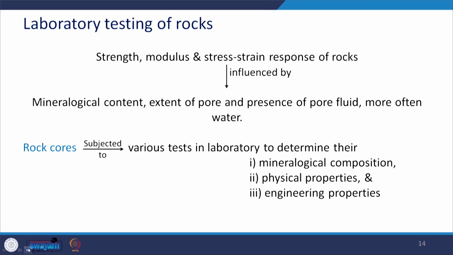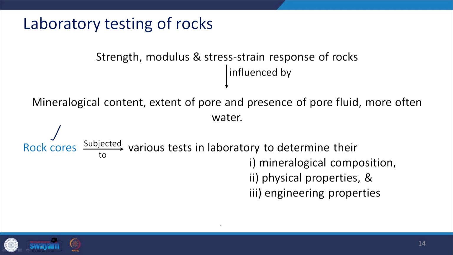Then coming to the various laboratory testing of rocks. Basically, strength, modulus and stress strain relationship of rocks are influenced by their mineralogical content, the extent of pores and the presence of pore fluid, which is more often water. So, based upon these conditions, the question is how to determine the strength and the mechanical characteristics.